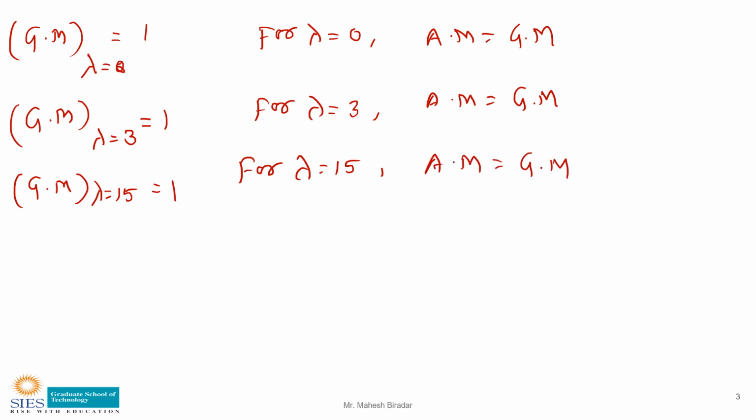So AM equals GM for all eigenvalues. Definitely by the theorem, we can say that matrix A is diagonalizable.